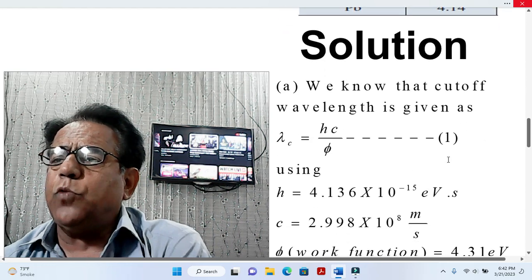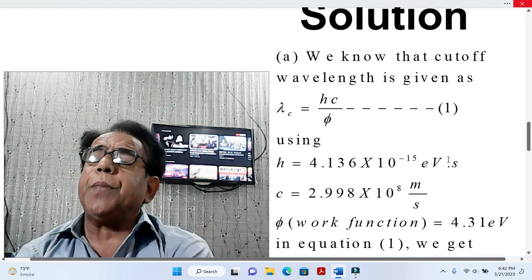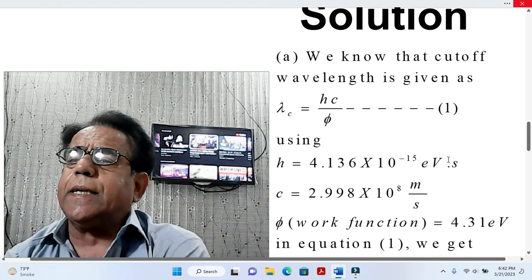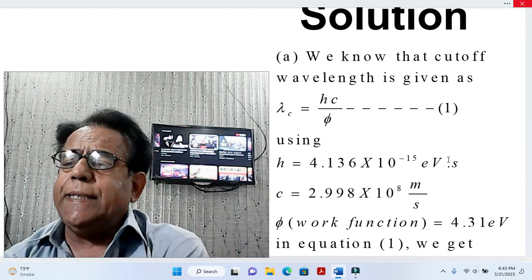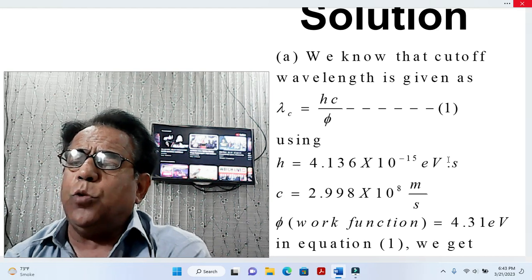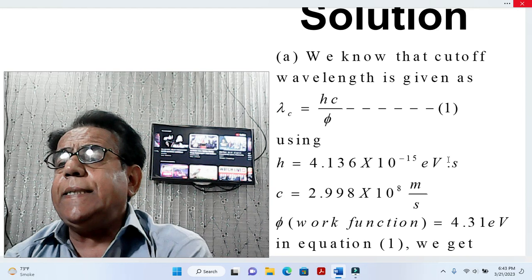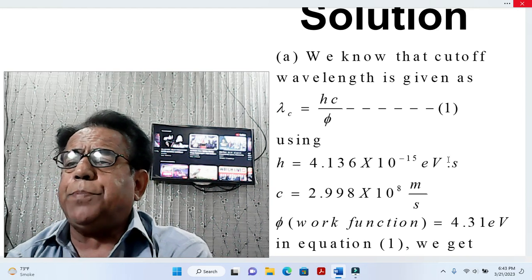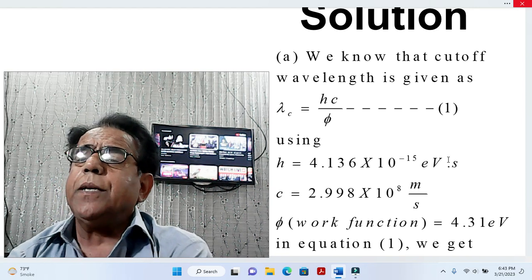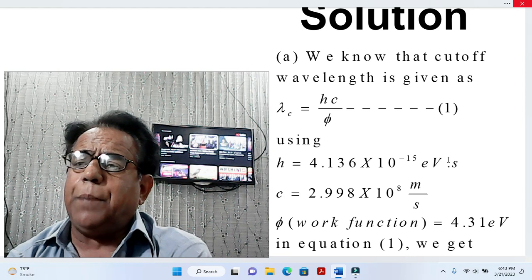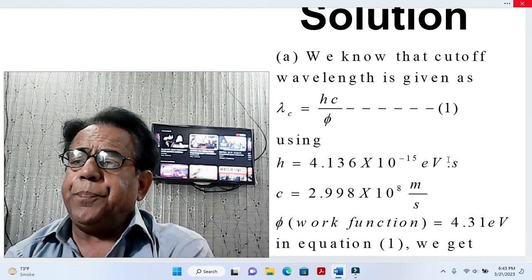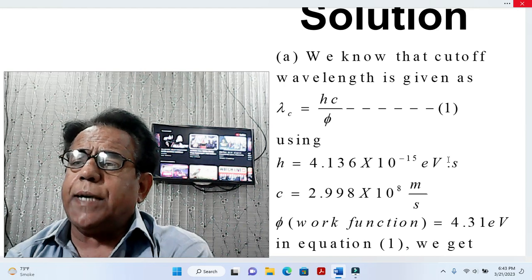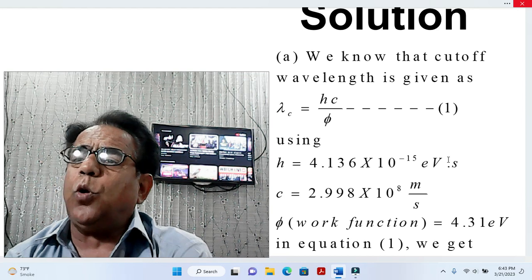Now we come toward the solution. Part A: we know that the cutoff wavelength is given as lambda c, where lambda denotes wavelength and c is written as a subscript, meaning cutoff wavelength. Cutoff wavelength lambda c is equal to hc over phi, that is Planck's constant times the speed of light divided by the work function of zinc.